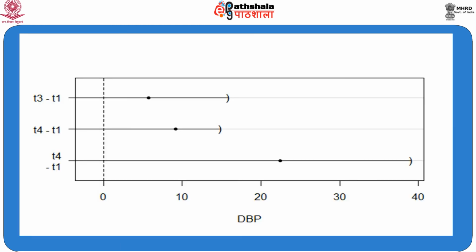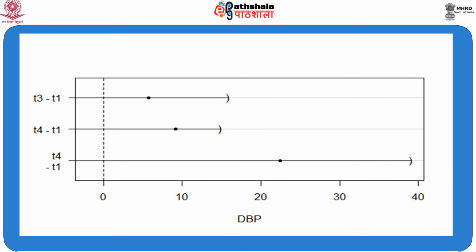As a result we can see the treatment-wise T3 and T1 difference with its point estimate, and T4 with T1 with its point estimate given as a dot, and this range of confidence interval is shown with the corresponding arrow.